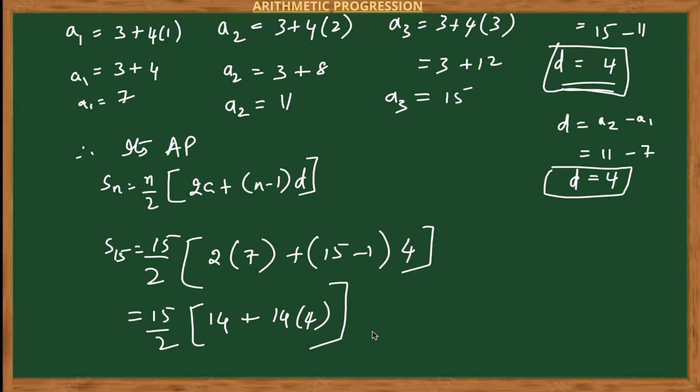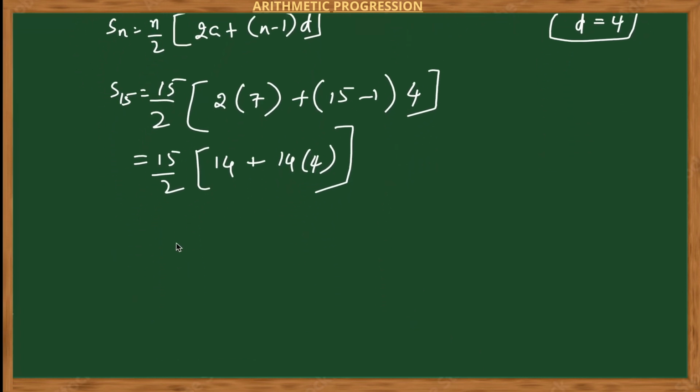Okay, so let's bring it down. Further simplifying, let's add this: 14 plus 4 fours are 16, 16, 56.